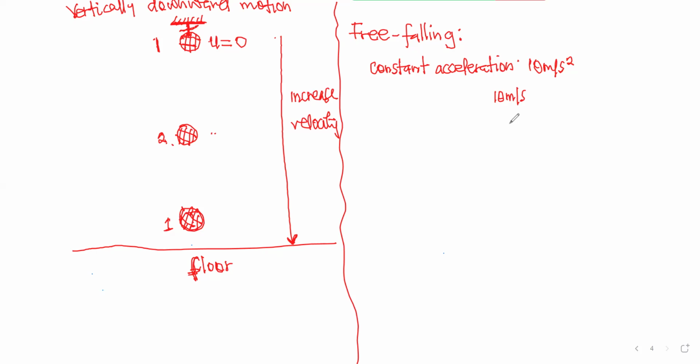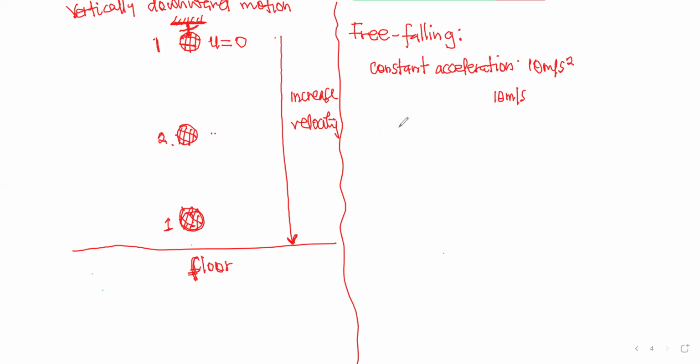And when a body falls freely, during free falling, that is the only time where no matter the mass or the weight, two bodies must drop at the same time.